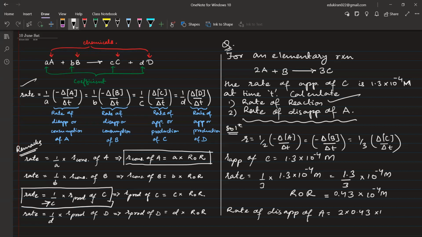Yes, sir. Same answers, right? पक्का? Yes, sir. Okay, fine. चलो जल्दी से लिख लीजिए. Let me know once you're done. Sir, 10 raised to minus 4, right? 0.86 into 10. Sorry, my bad.